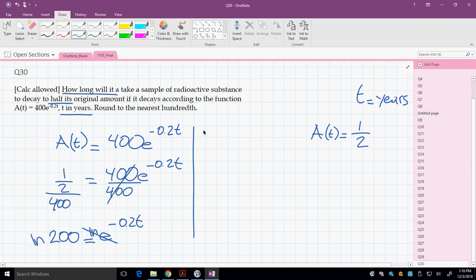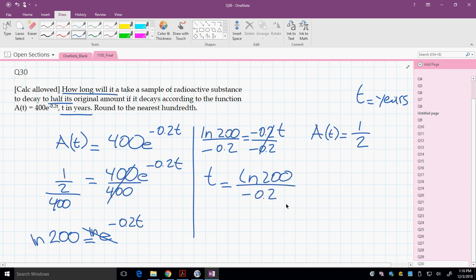Now we have natural log of 200 equals negative 0.2t. Divide this by negative 0.2, this cancels, and I have t is equal to the natural log of 200 divided by negative 0.2. And that's your answer.